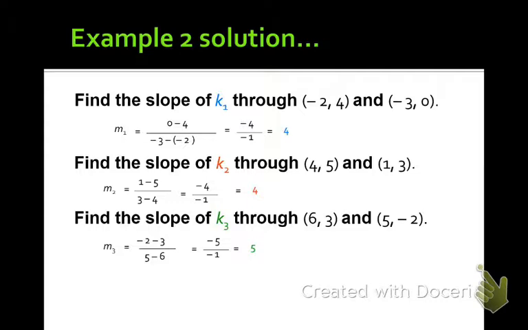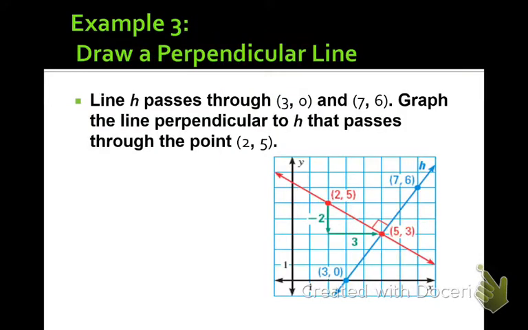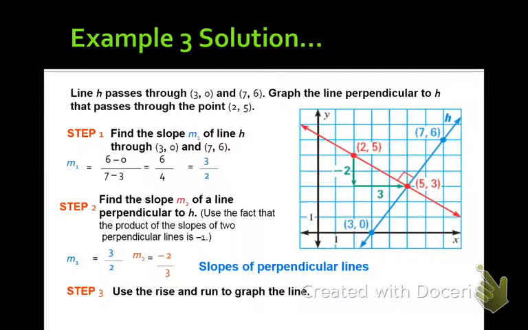Let's go on. Draw a perpendicular line. Line H passes through (3, 0) and (7, 6). The line perpendicular to H passes through the point (2, 5). Let's see what they're asking us to do here.